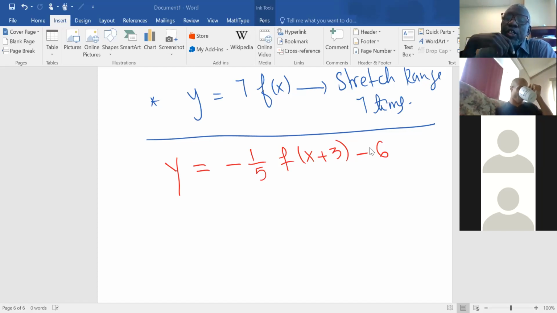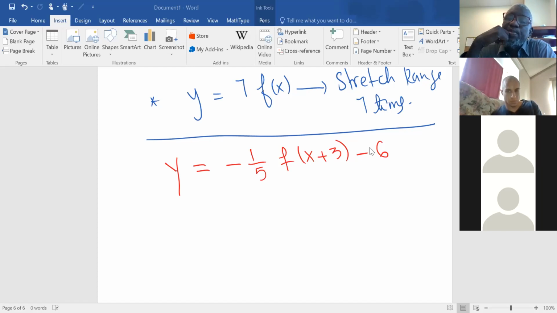So you were saying, Sharif, shrink the range by 5 because of the 1/5. And then the negative sign in front of the 1/5, what are you going to do? Flip it over the x-axis. I agree with you.